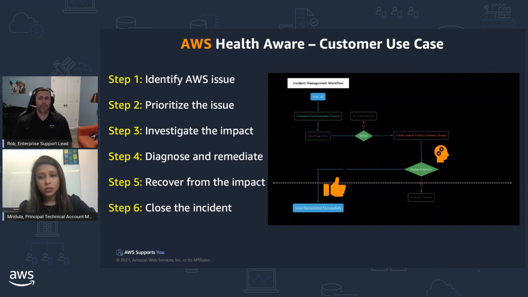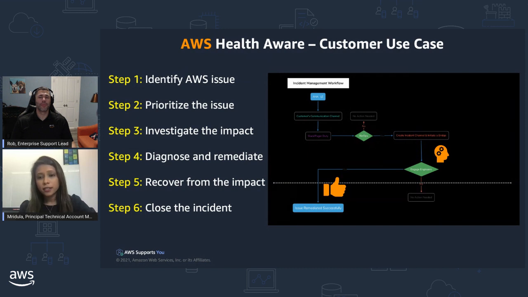Now, let's review a sample customer use case as to how AHA was incorporated into their existing incident management workflows. The first step you see here is the incident identification. We all know that incident reports can originate from various sources. Most of them come from phone calls, emails, or support chats.